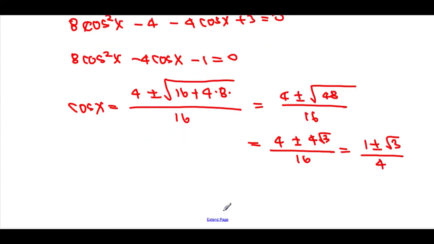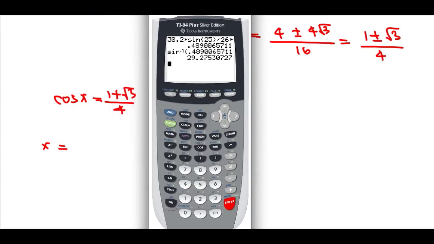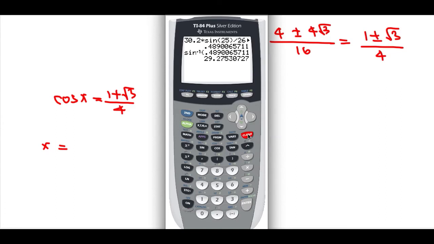Now we have two possibilities here. First possibility is cosine of x will be 1 plus radical 3 over 4. Then let us try to find out what x would have been equal to. So here we get inverse cosine of 1 plus radical 3, close parenthesis, divided by 4.